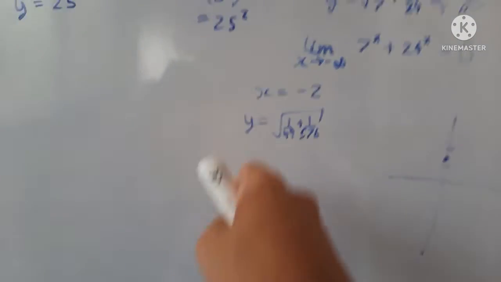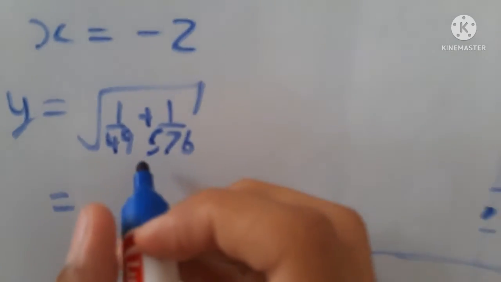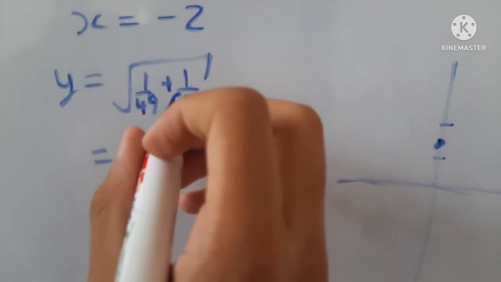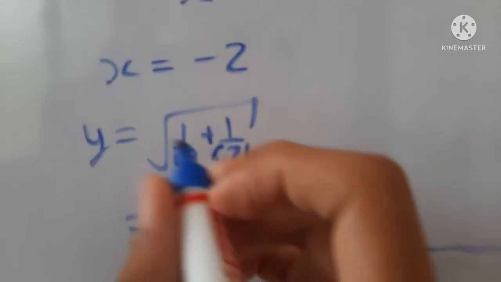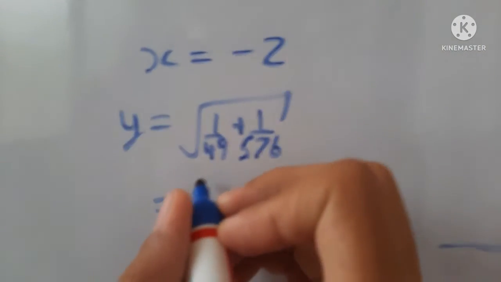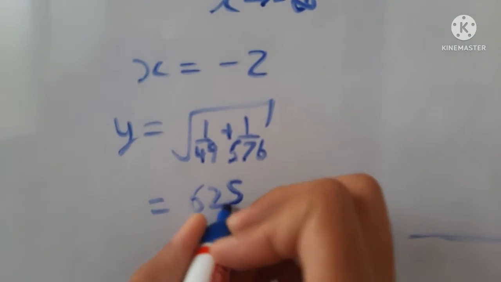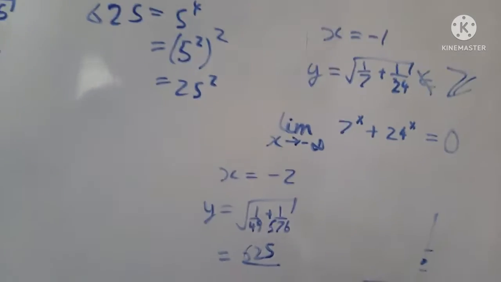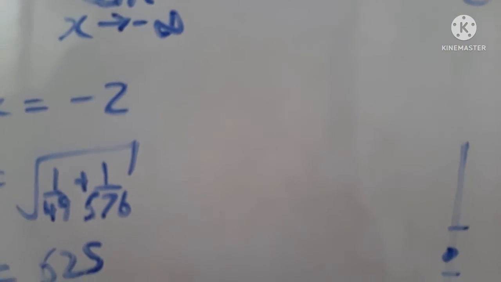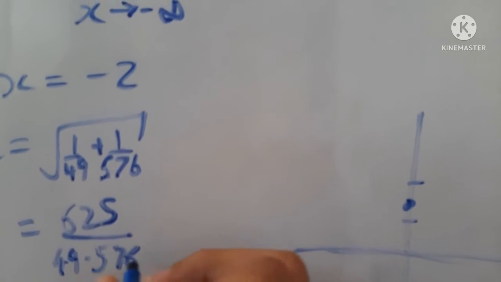Now, what's the inside going to be? This is going to be really complicated, but we have time. 576 plus 49 is 625, okay, that's a perfect square, over 49 times 576.